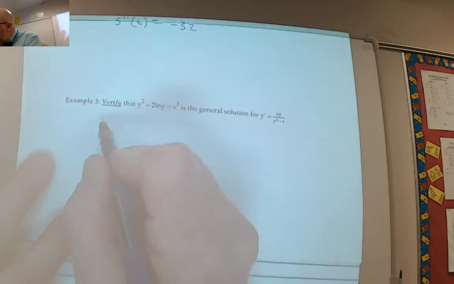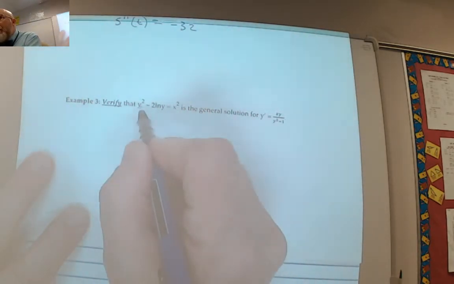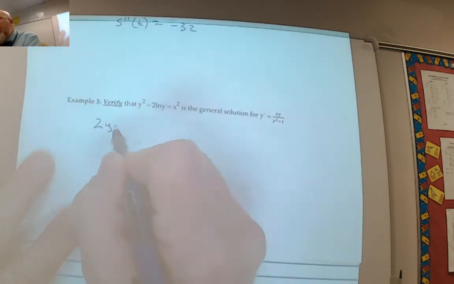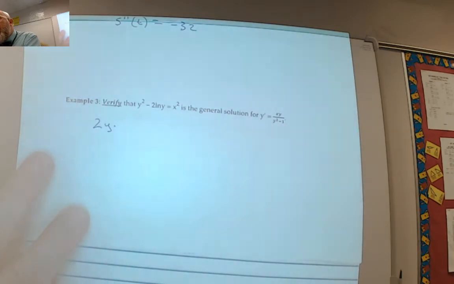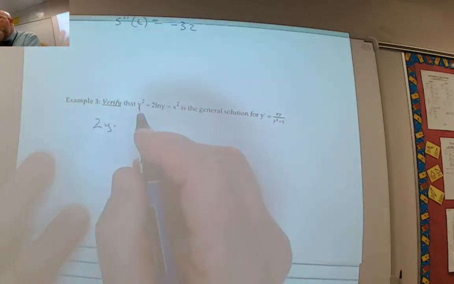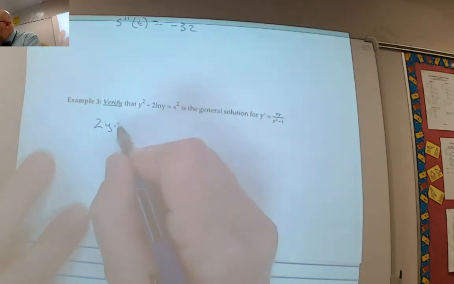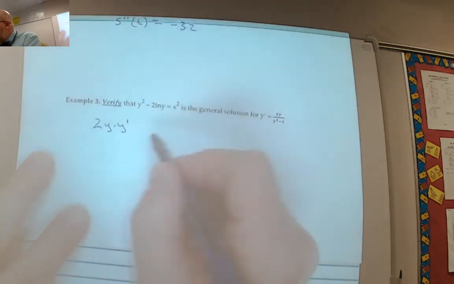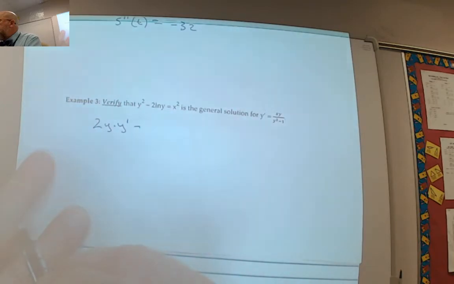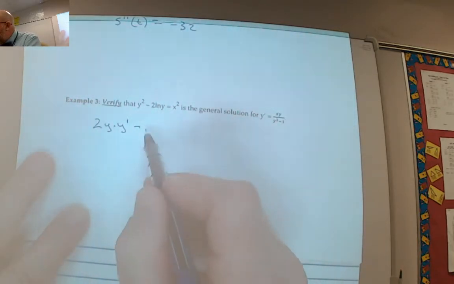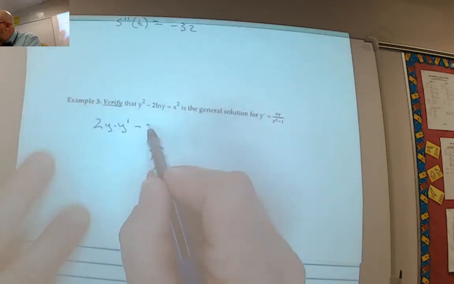Okay, so Isabel, can you take the derivative of y squared for me? 2y times what? Every time I take the derivative of y, I've got to multiply it by y prime. Okay? Minus, Logan Hackett, what's the derivative of the ln of y?